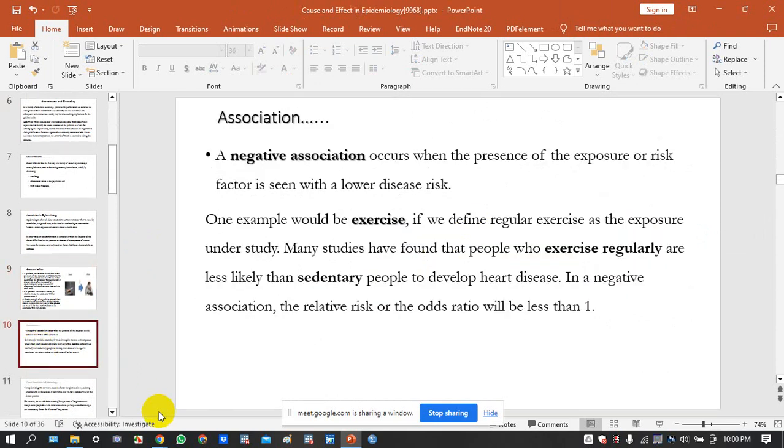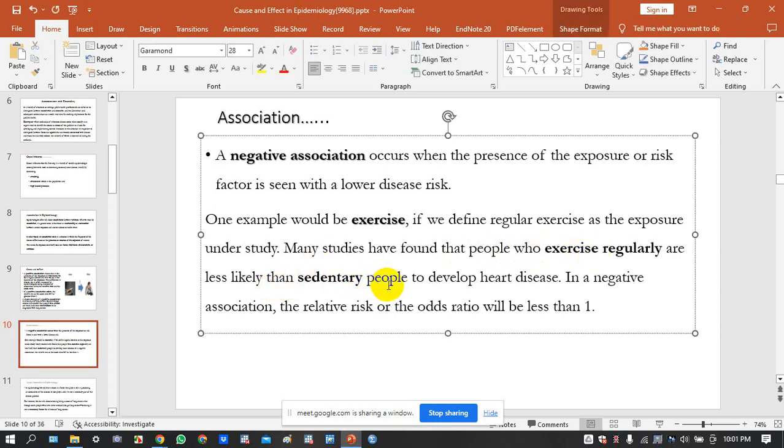So I've explained this. A negative association occurs when the presence of the exposure or risk factor is seen with a lower disease risk. For example, exercise. If we define regular exercise as the exposure under study, then many studies have found that people who exercise regularly are less likely than sedentary people to develop heart disease.